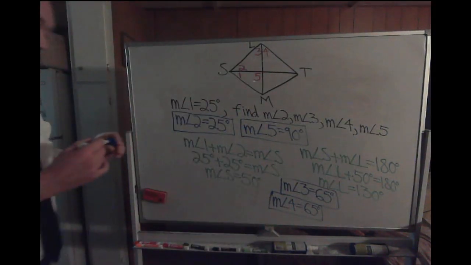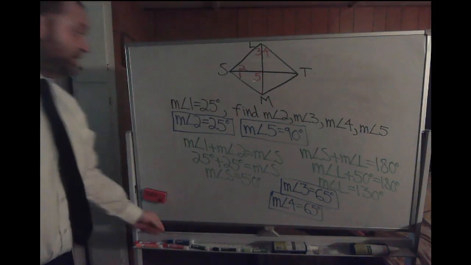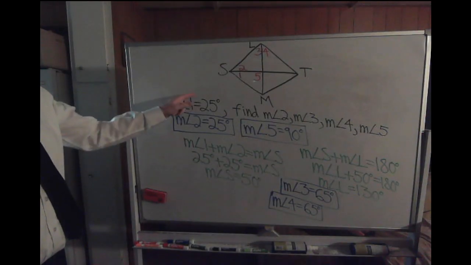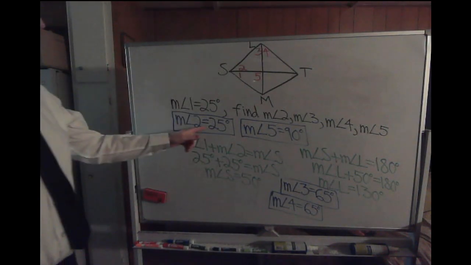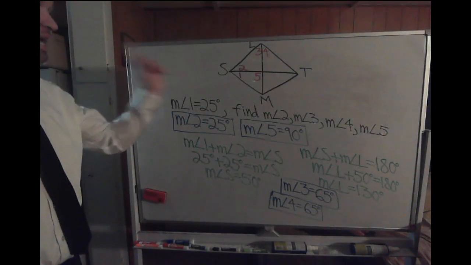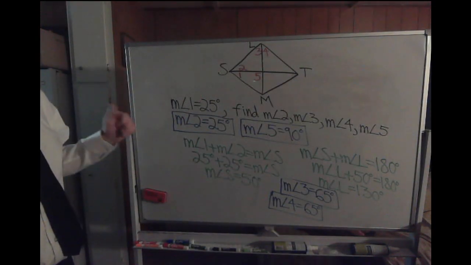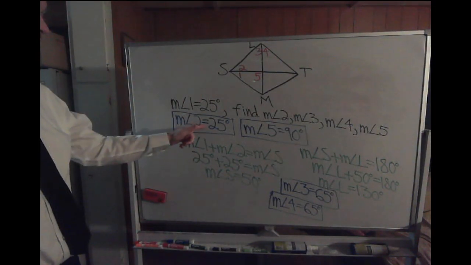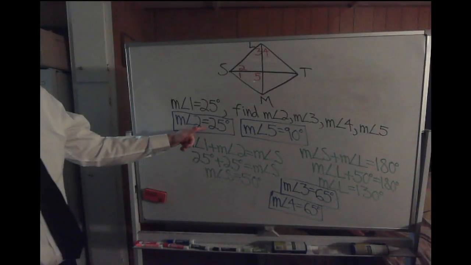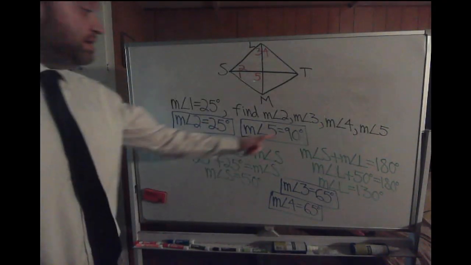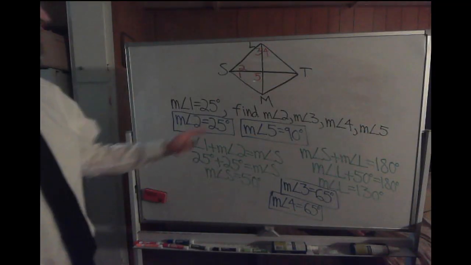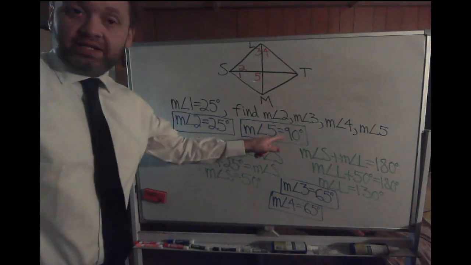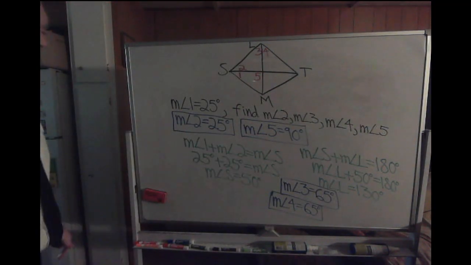So, starting with these angles, okay, they give us the measure of angle 1's 25 degrees. Well, right away, by the theorem that the diagonals of a rhombus bisect the angles of a rhombus, that means angle 2 is also 25. And then angle 5 is 90 degrees because the diagonals of a rhombus are perpendicular to each other, which means that's a 90-degree angle.